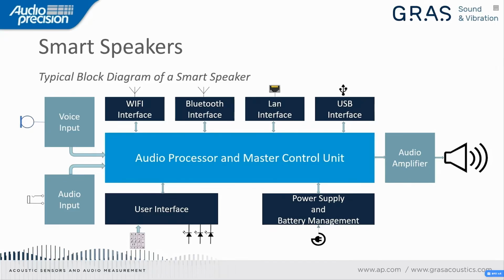It could be that if you ask it via your commands to search on the internet for a special kind of music, then it would start searching on the internet for this music, find it, and then start playing this music. The master controller, amplifier, and in the end, a speaker unit, so we actually can hear some music from this smart speaker.